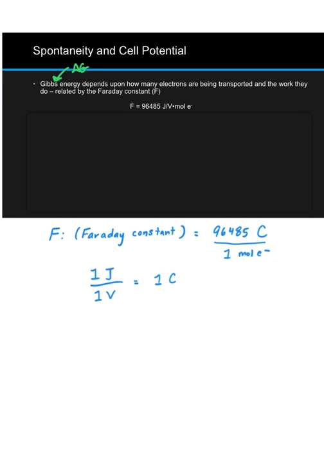Voltage is how much energy is associated with a given charge. Therefore, we can rewrite Faraday's constant in its form given above: 96,485 joules per volt per mole of electrons.